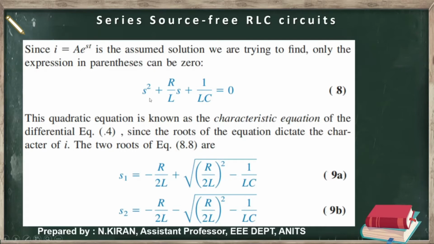This quadratic equation is called the characteristic equation of equation 4. Let us assume the roots to be S1 and S2. Then the roots of the characteristic equation can be written as minus R by 2L plus or minus square root of R by 2L whole square minus 1 by LC.